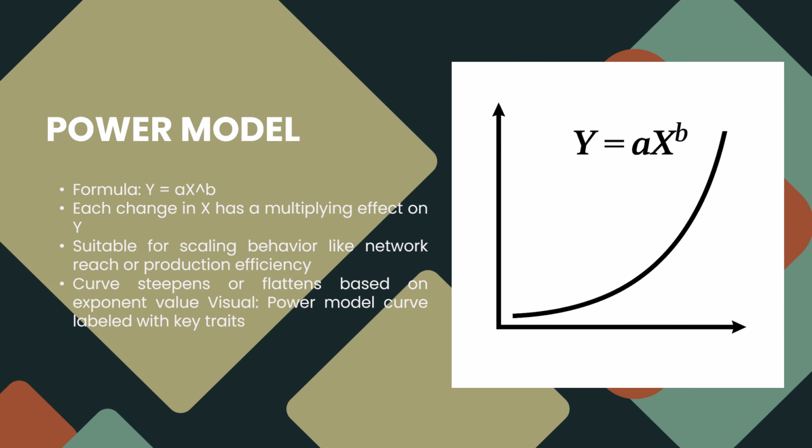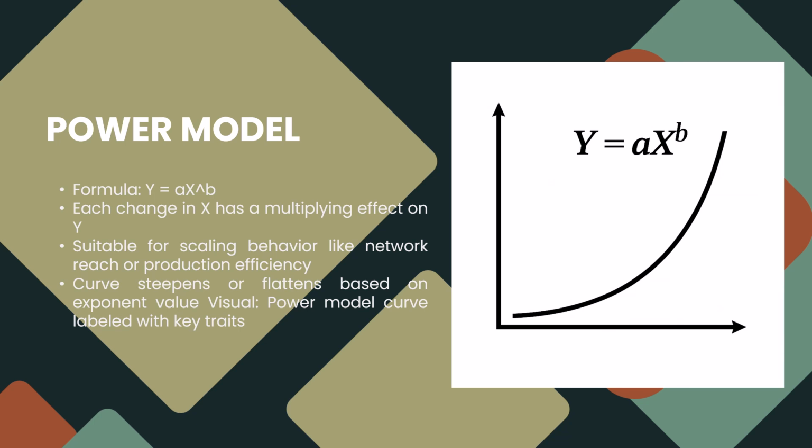The power model is written as y equals a x to the power b, where a is a constant and b is the exponent. In this formula, changes in x have a multiplying effect on y.